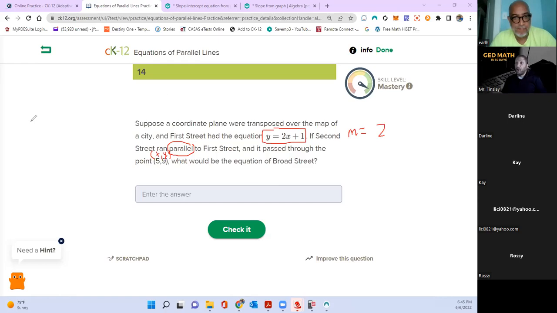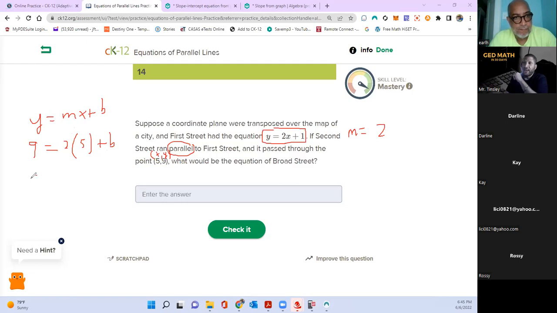So we go here: y equals mx plus b. What's my y going to be? 9. Equals, what's my slope? 2. What's my x? 5. Plus b. All I did was rewrite and substitute what's given.